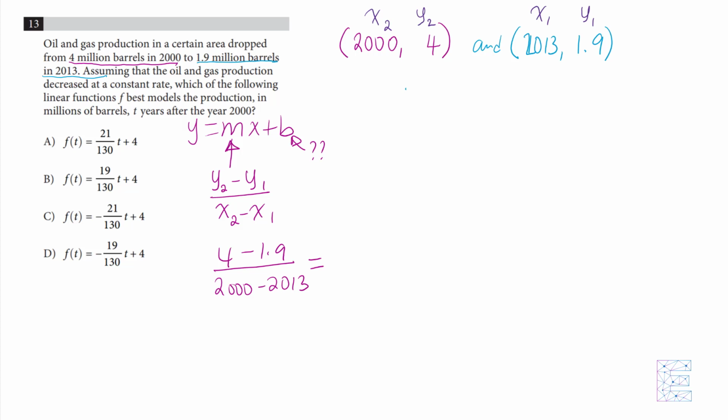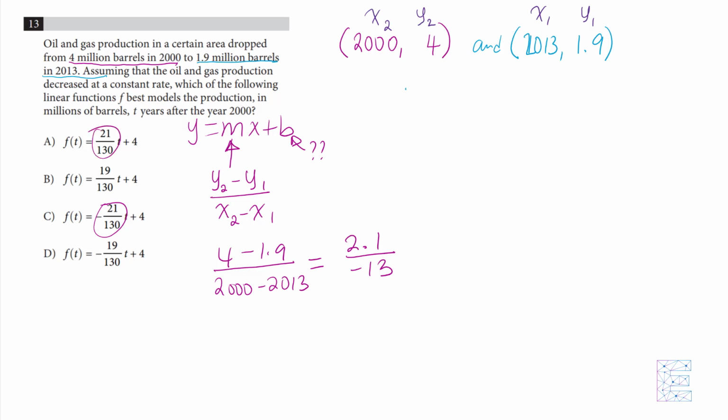So 4 minus 1.9, you can think of the 1.9 as a 2. So really 4 minus 2 is 2, but it's not quite 2, so it's really 2.1. Over 2000 take away 2013 is negative 13. So we glance over at our choices and there's no 2.1 over negative 13, but there's something kind of similar.